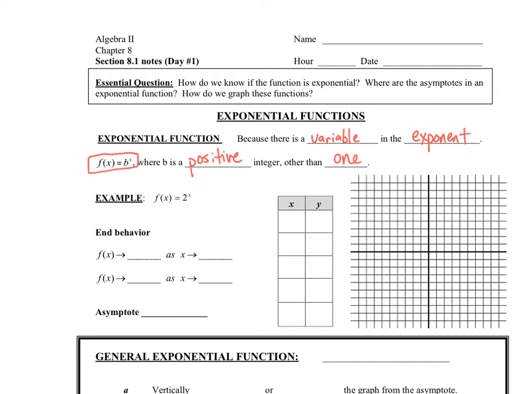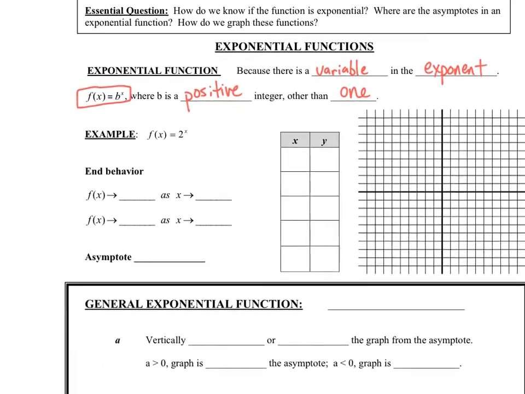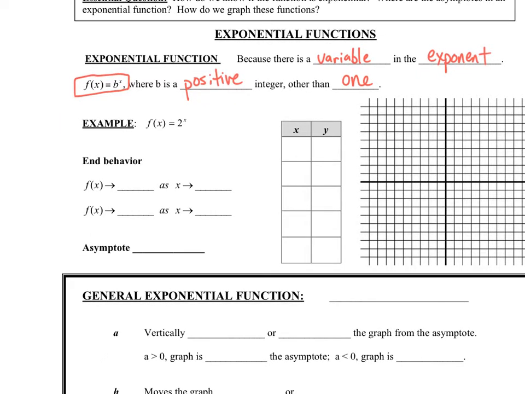If we were to graph this, we'll talk about end behavior in a second, but let's look at the graph. Let's put 0 in the middle here, and we'll do -1, -2, +1, +2. Actually, I'm going to add in +3. If we type this in our calculator, we get y equals 2 to the -2nd power, which is 1/4 or 0.25.